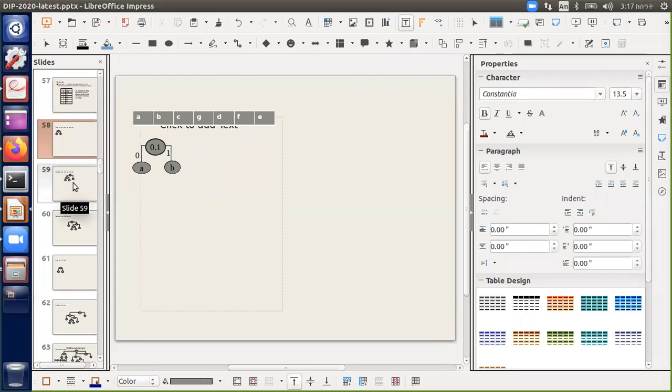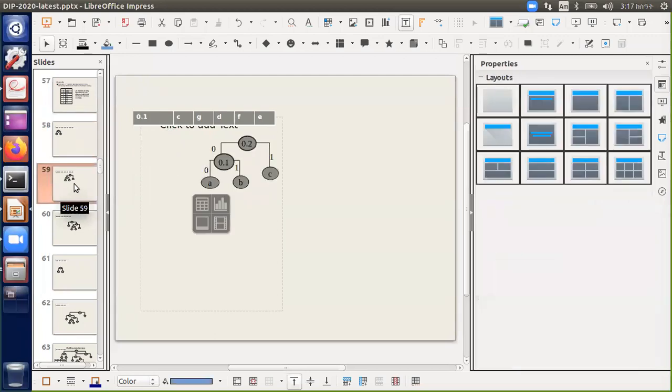After merging, we have to sort again. Since C and G are with 0.1 probability, and now the merged tree has 0.1 probability, the merged tree comes first, followed by C, G and others.